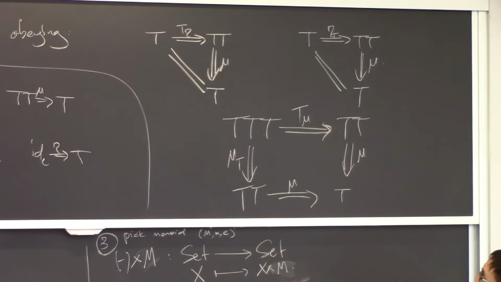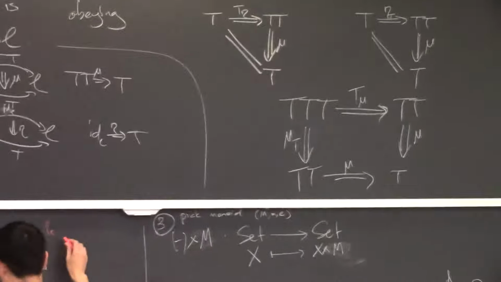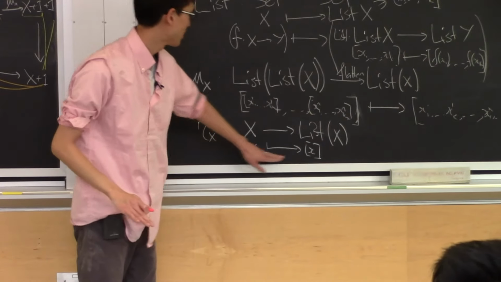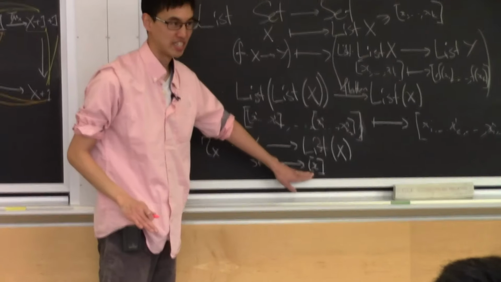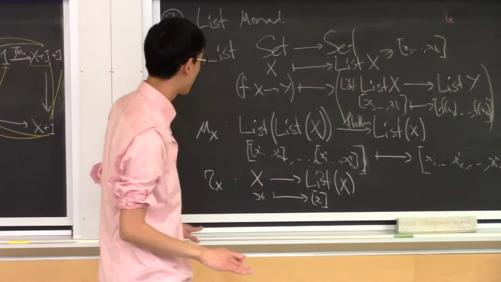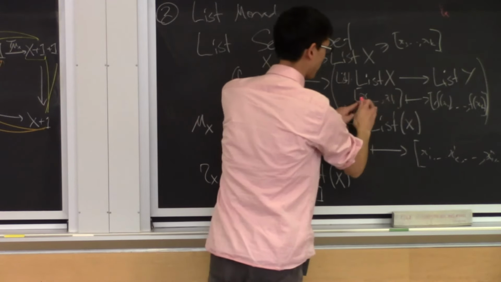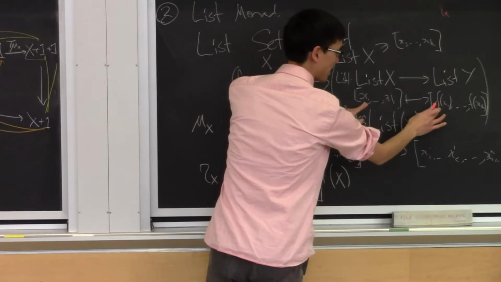Right. So let's double check that. So what is eta x? Oh, it's just written down here. It says it takes an element and makes a singleton list out of it. Right. So T eta is going to map list over that. So it's going to be applying that eta to each element.